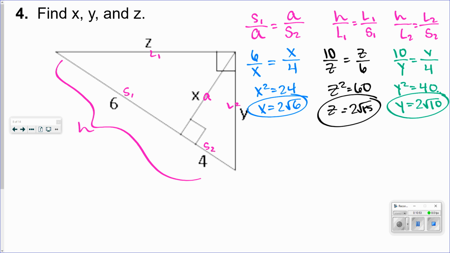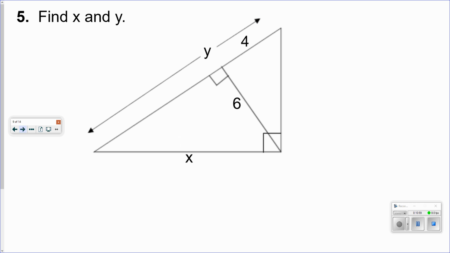I'm still going to write out all of our options.